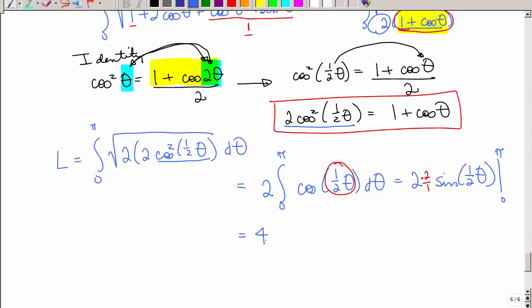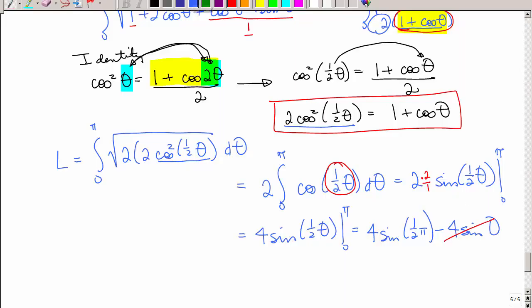So I have 4 times the sine of half theta between 0 and pi. So 4 times the sine of half pi minus 4 times the sine of 0. Well, the sine of 0 is 0. The sine of 1/2 pi, 90 degrees, is 1. So that's just 4 times 1, which is 4. So all that work to find out the arc length is just 4.